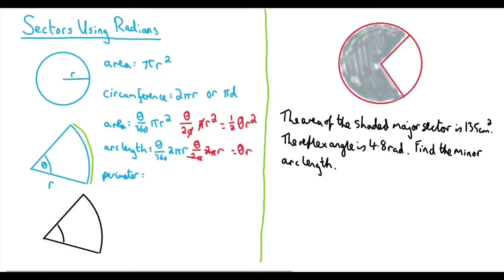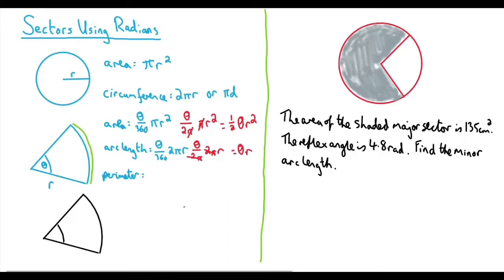Once again, would give the same thing, but this is now simpler. Of course, as part of this, the angle will be given in radians as well, so it would be some multiple of pi to begin with. But yes, we're going to be using these formulas now whenever we have sectors as our baseline formulas.